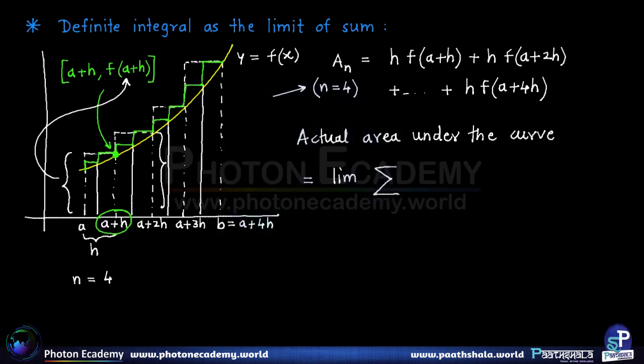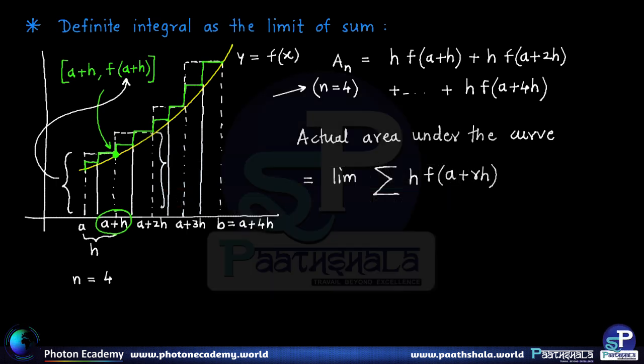Now we have to sum up the area of all the rectangles, and for an individual rectangle the area is given by h into f of a plus, and here we will have to put some counter r, because this r will vary from 1 to n. As you can see here, it is a plus 1h, a plus 2h, a plus 3h and a plus 4h.